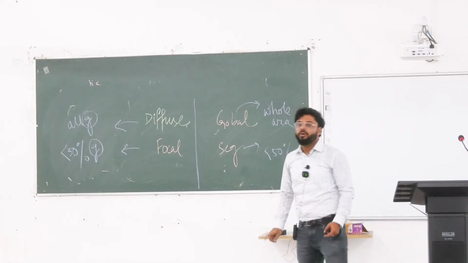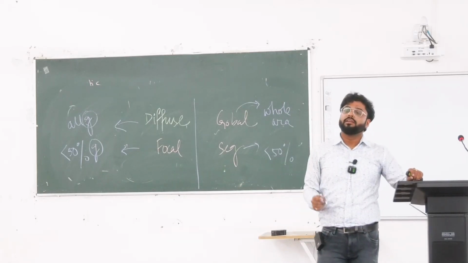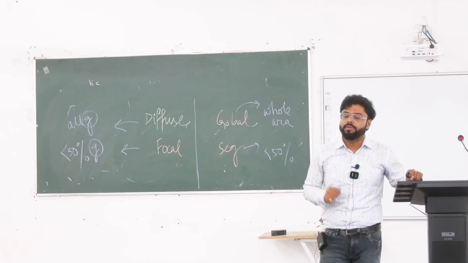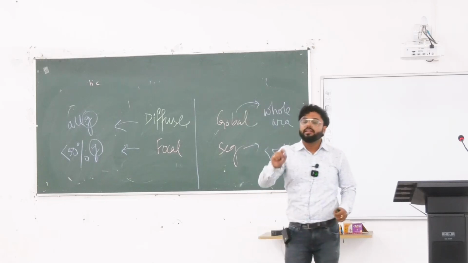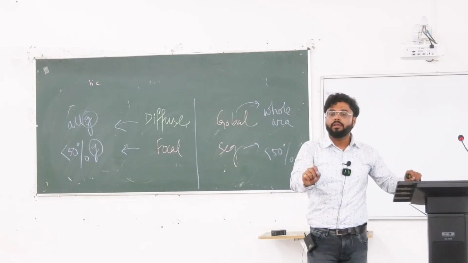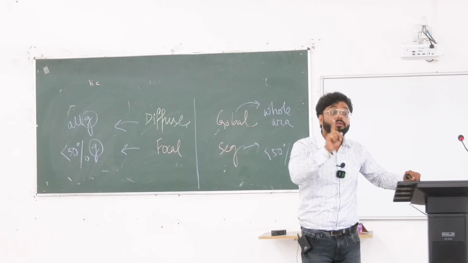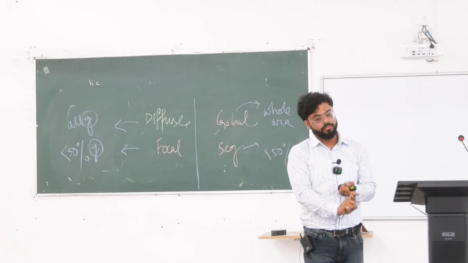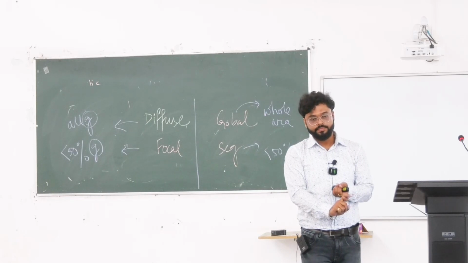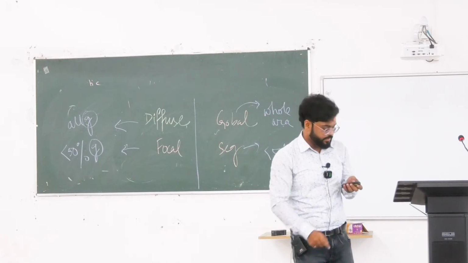Diffuse segmental means all glomeruli, but in each glomerulus less than 50% involvement. Focal global means less than 50% glomerular involvement, but the particular involved glomeruli have the whole segment involved. Okay.